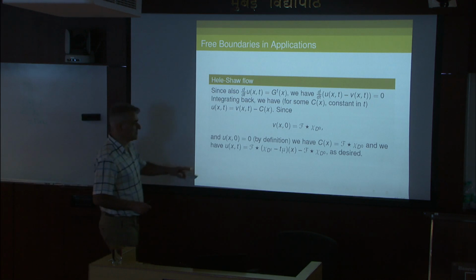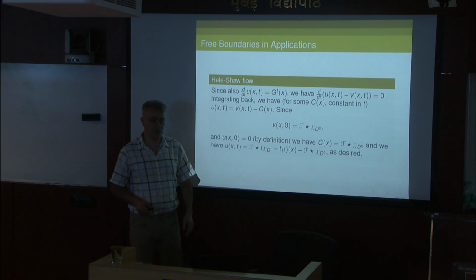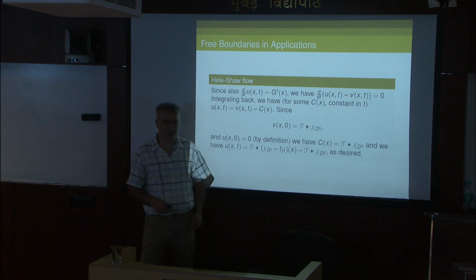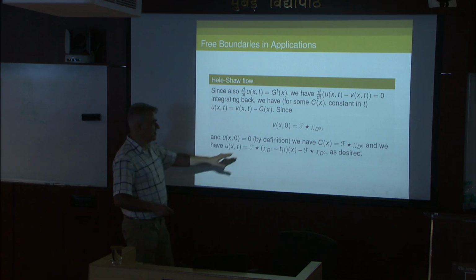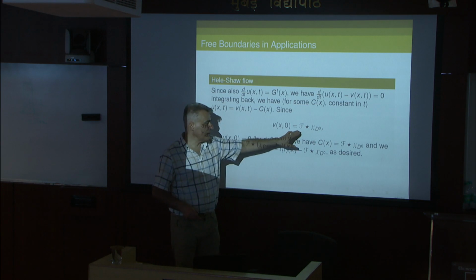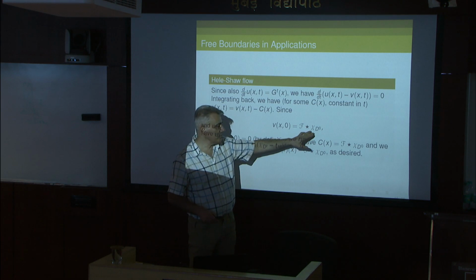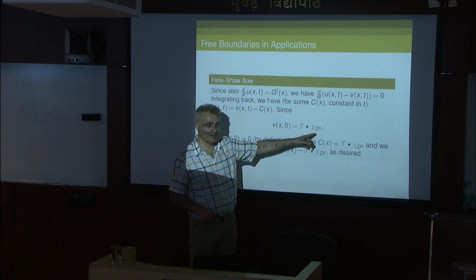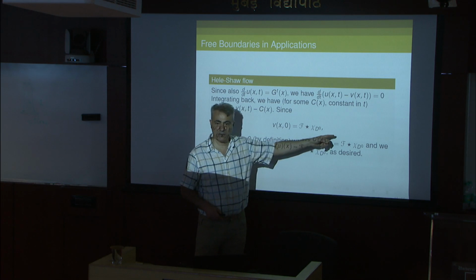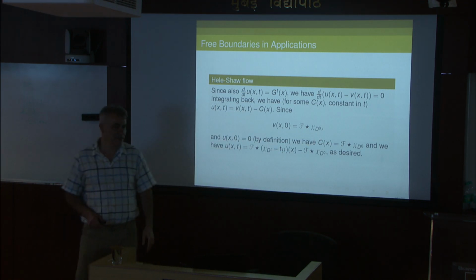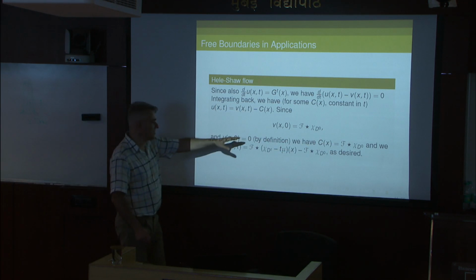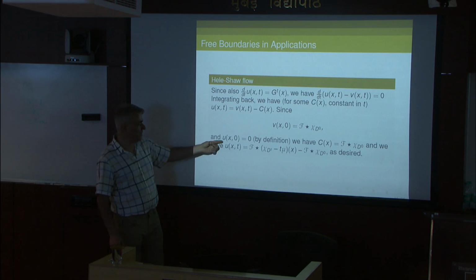We don't know what it is, and we call it c(x). So I just go back and look at what happens at time 0. For time 0, I get f is exactly the fundamental solution convolved with the characteristic function of D_t at time 0, minus the time measure. But at time 0, that measure is gone. So I get v(x,0) is exactly this one. And I also have u(x,0) is 0.